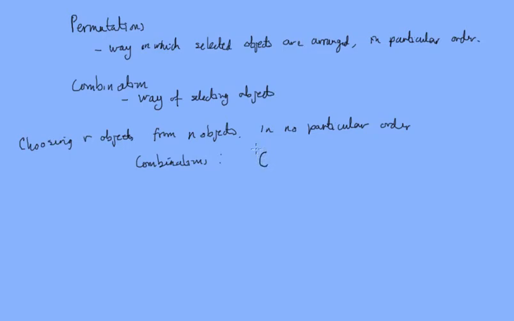You do C, N, number of objects, R, how many objects you're choosing, and it is N factorial over R factorial, N minus R factorial. Now you've already met this if you have done any work with binomials, and this is the old notation for writing this. The more modern notation is writing N over R in this way. It means the same thing.